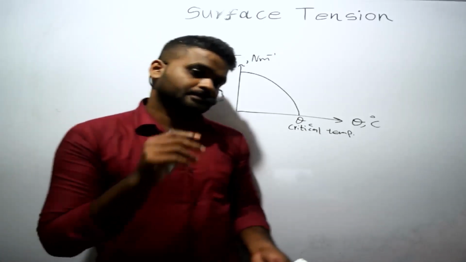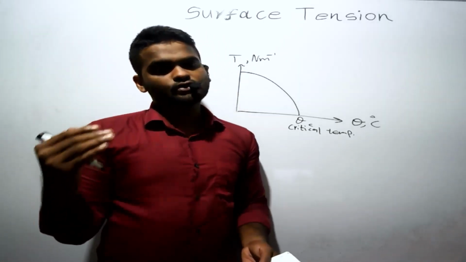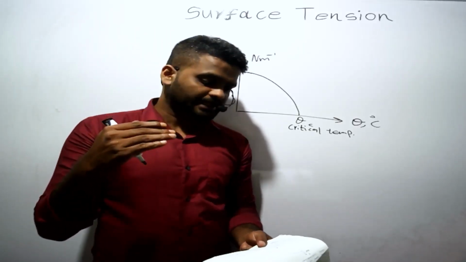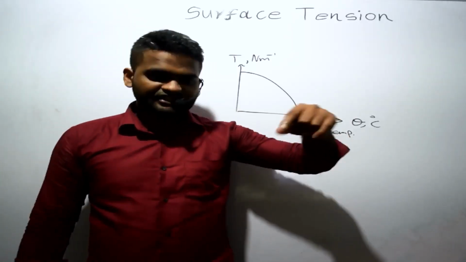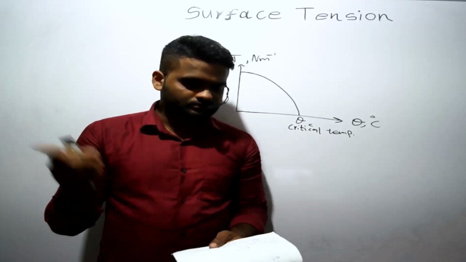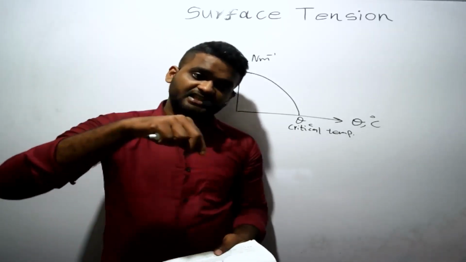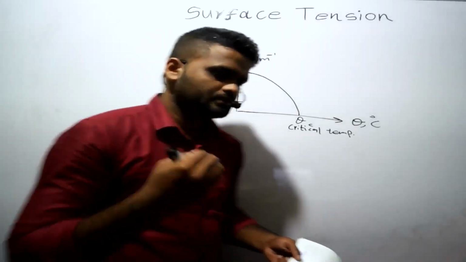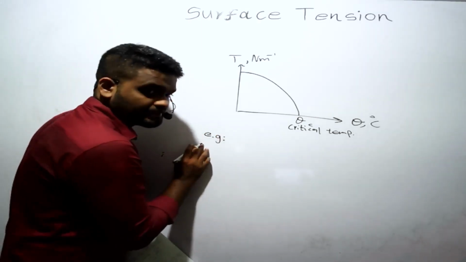Another thing is that when it comes to applications, there are usually two mediums. Let's say you place water on a glass sheet, then the surface tension has one value. Then let's say you place mercury like this. First, just take this down. These are examples, then you will understand.